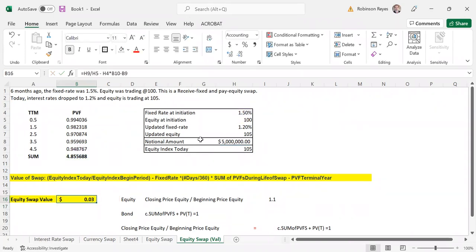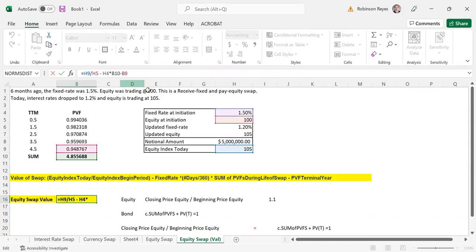So now we have this equity swap value, and this is basically stated per dollar, because we're not considering the notional amount. So then we need to multiply all of this by the notional amount, which is here.